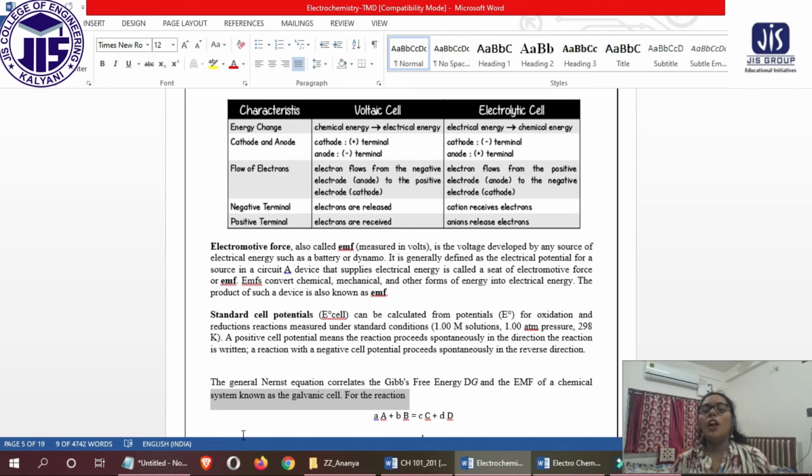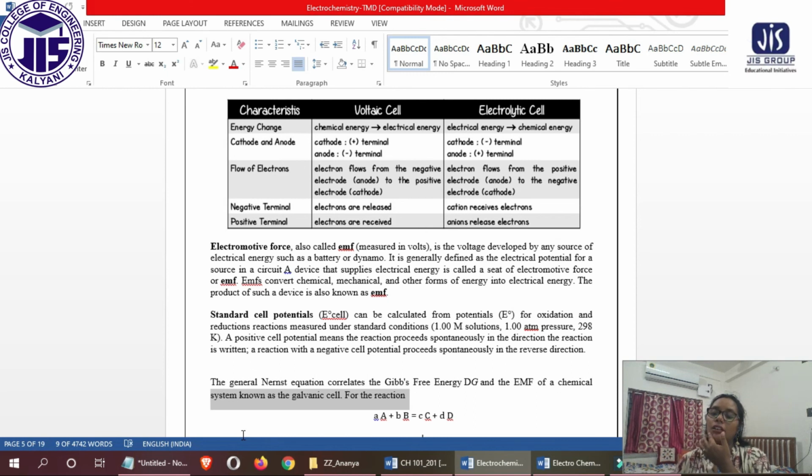Okay. So, this is all about today's class. Today we have discussed the conductance, the equivalent conductance, the molar conductance, the specific resistance, what the metal conductors and insulators are, and the relation between equivalent conductance and molar conductance.